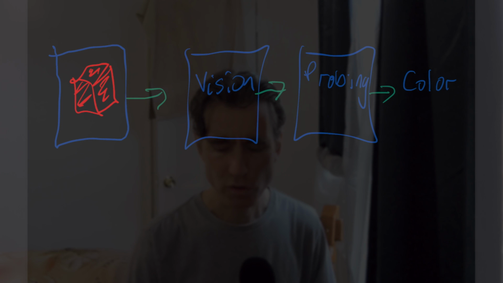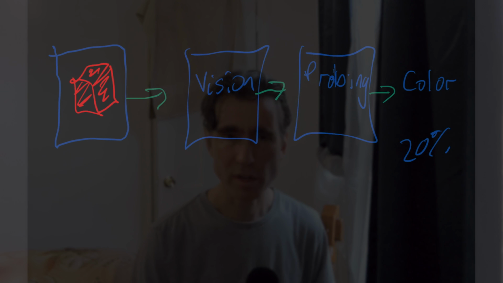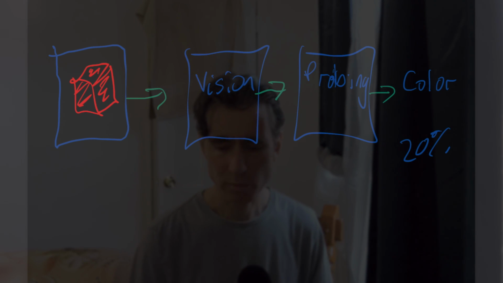Now, if we train this probing model to predict color, and the input to the probing model is the output of the vision module, and the vision module has not learned to somehow represent color, we're not going to be able to train this probing model. It's going to give really poor accuracy. Well, it might not be 0%, because let's say there are 5 colors, so it might be like 20%. If it gets 20%, then the vision module doesn't contain any information about color.